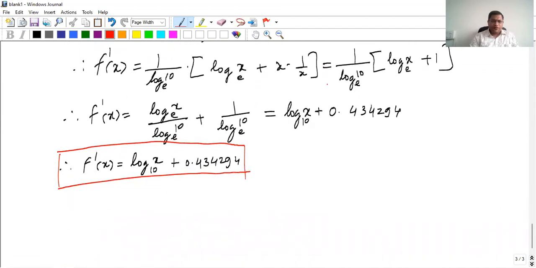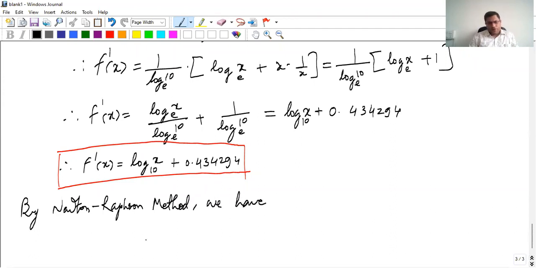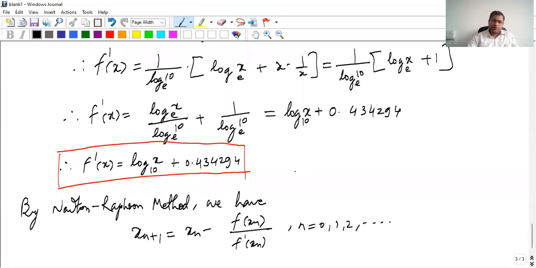By the Newton-Raphson method we have the general formula: x n plus 1 is equal to x n minus f of x n upon f dash of x n, when n is running from 0, 1, 2, 3 onwards.